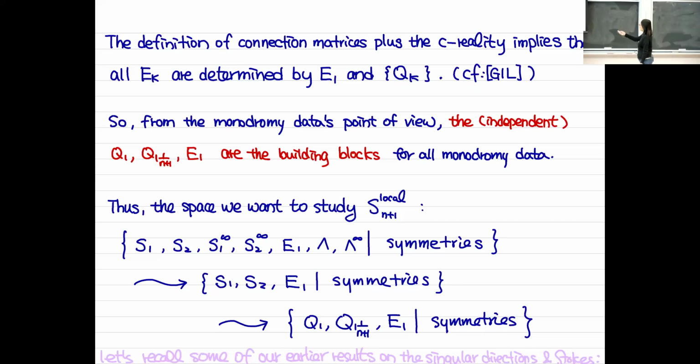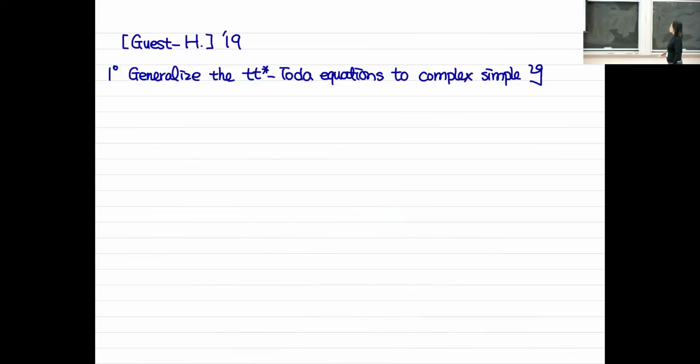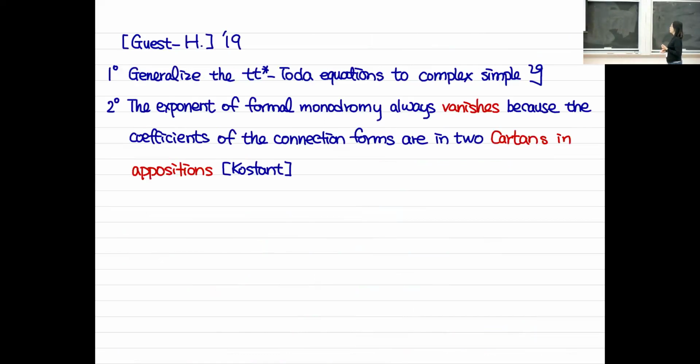Right, so we would like to know what they are. Let's recall some of those results. First, as I was saying, this is a long project with Martin Guest. We generalized the TD star Toda equations to any complex simple Lie algebra. And in fact, the vanishing of the formal monodromy is a general truth for all of them.